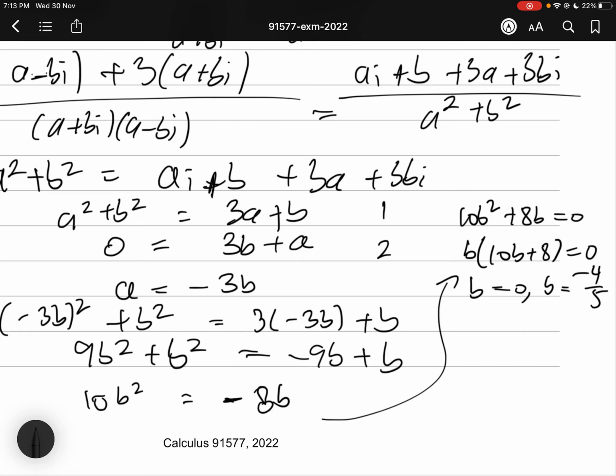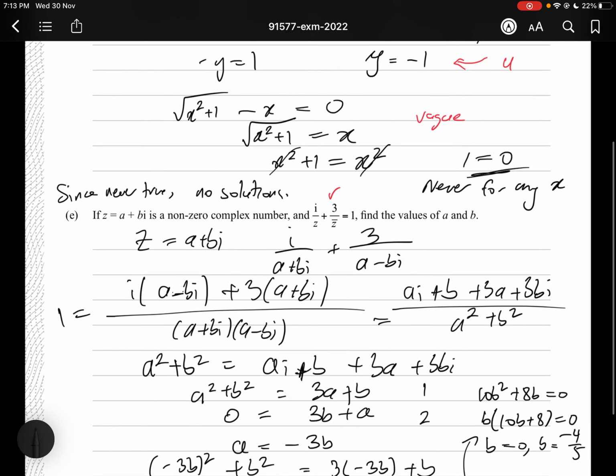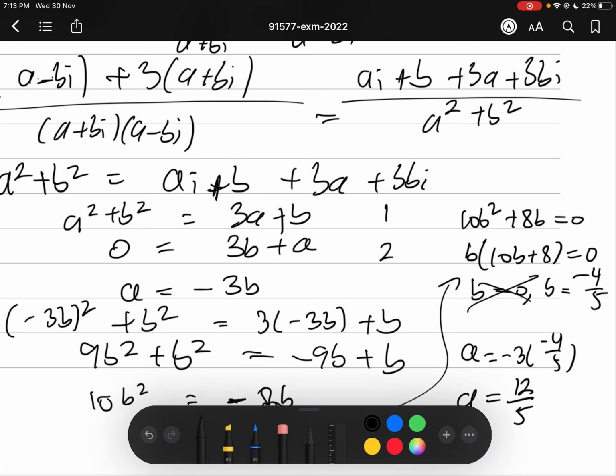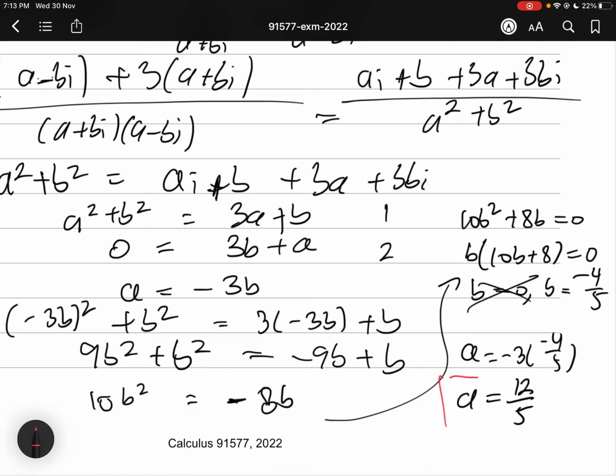And since we know that it's a non-zero complex number, b equals 0 is not a solution. So b equals negative 4 over 5, and a equals negative 3 times b. So a equals 12 over 5. So that's our answer: a equals 12 over 5 and b equals negative 4 over 5. That should be our final answer for this question.